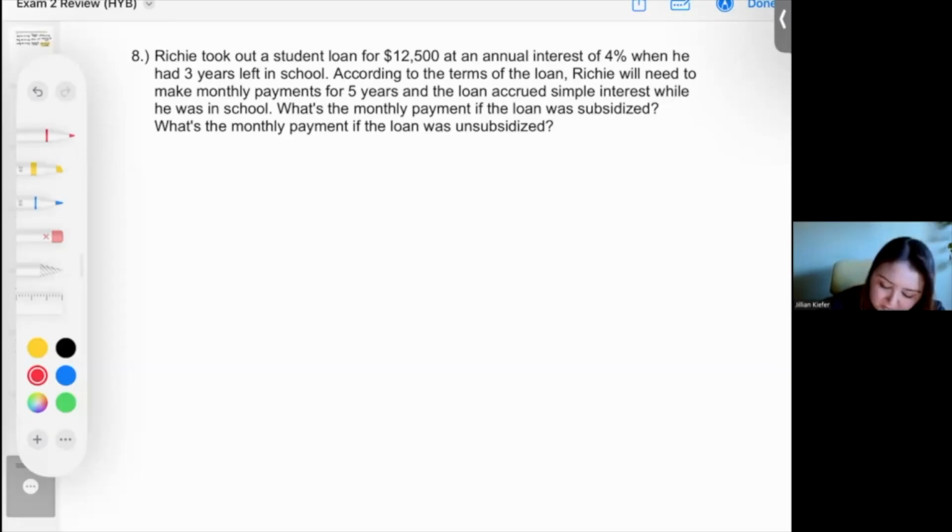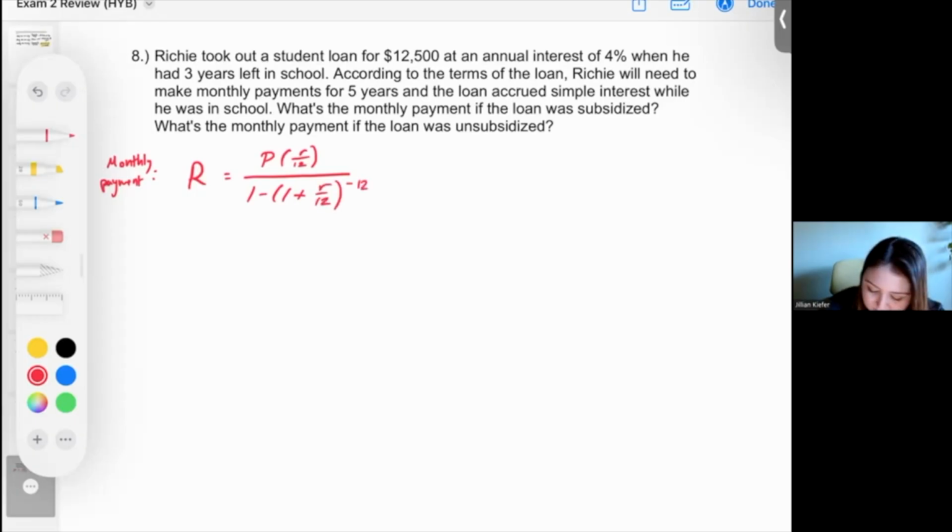So our monthly payment formula: R is equal to the principal times the interest rate divided by 12, divided by 1 minus (1 plus the rate over 12) to the power of negative 12t.